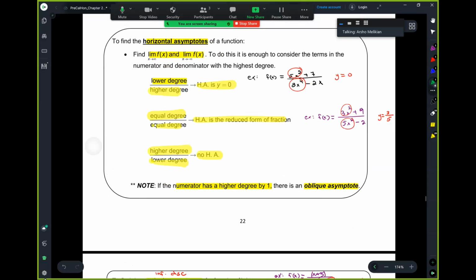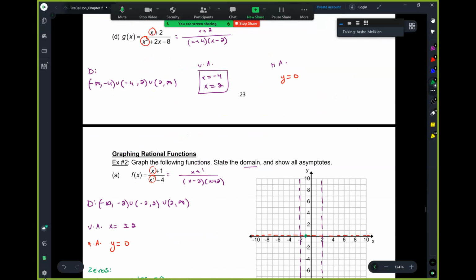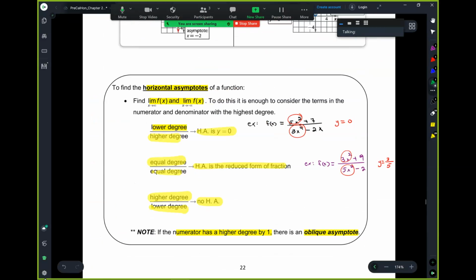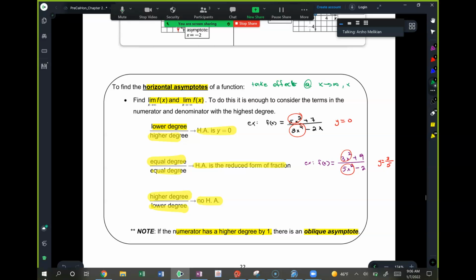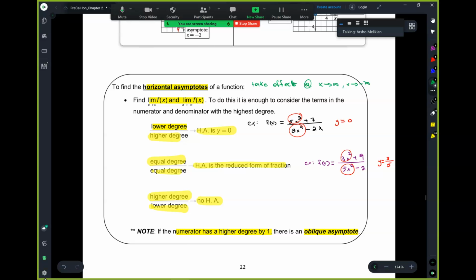We said it was the end behavior, the limit as x approaches infinity or negative infinity. That means horizontal asymptotes only take effect as x approaches infinity and as x approaches negative infinity.